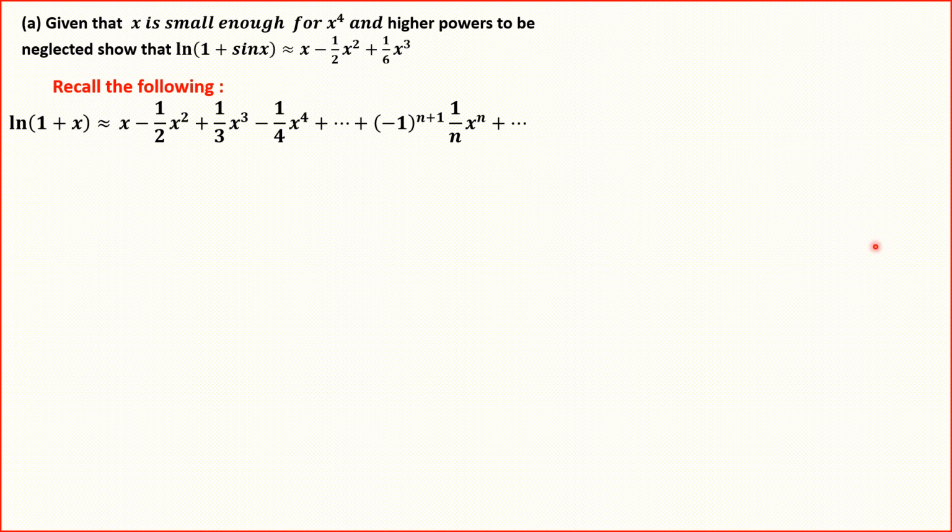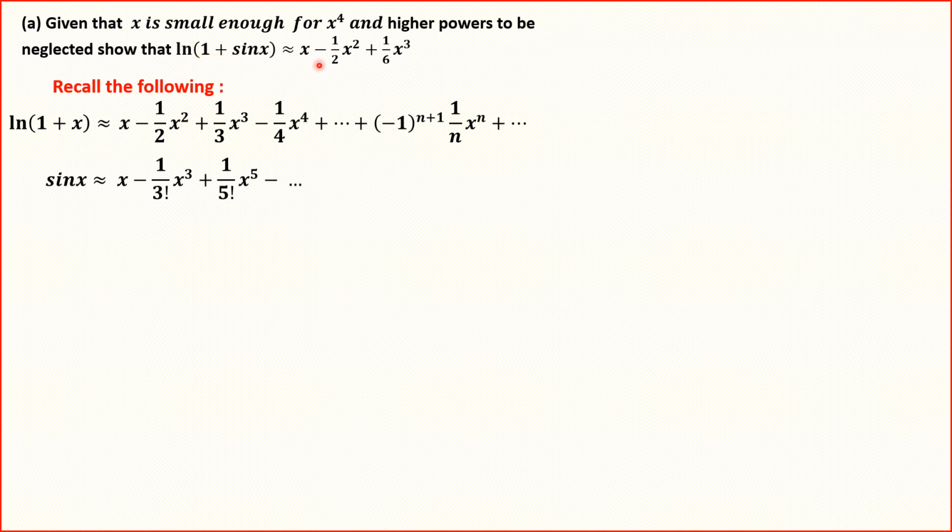With that, we also make use of the Maclaurin expansion of sine x, which is this, where x is small. Now, having this in mind, let's go to what it means.